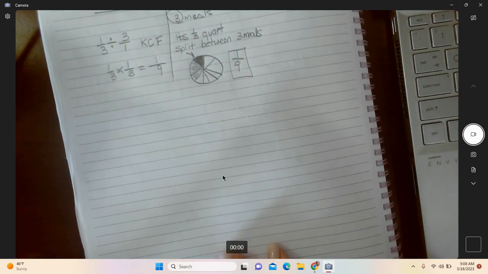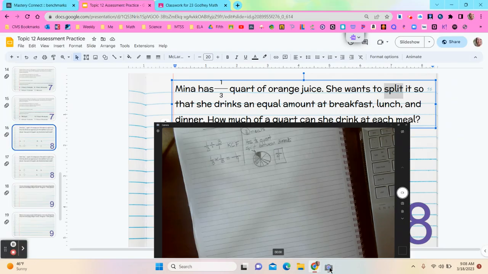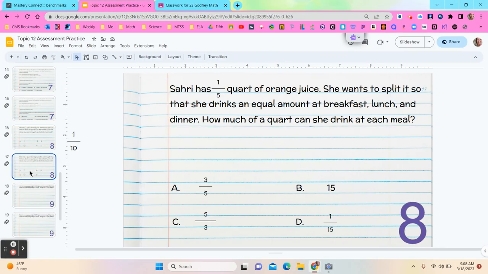All right, now let's go back and do the other practice problem and just make sure we're super ready. So in this one, Sari has 1/4 quart of orange juice. She wants to split it so that she drinks an equal amount at breakfast, lunch, and dinner. How much of a quart can she drink at each meal? All right, so this is the exact same kind of problem.